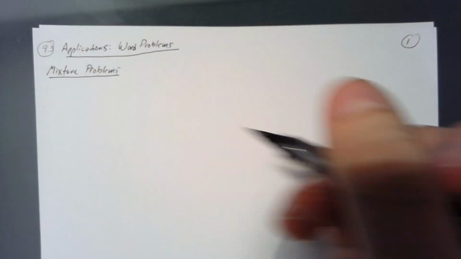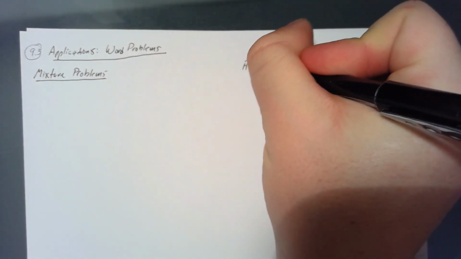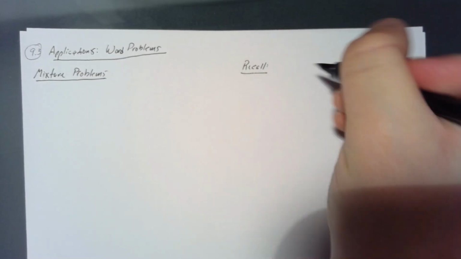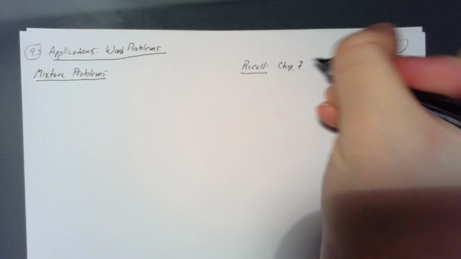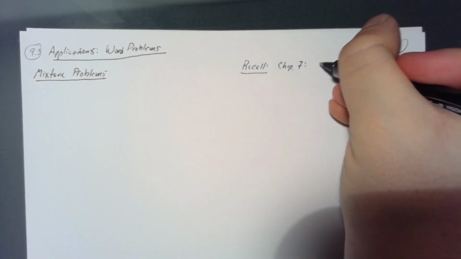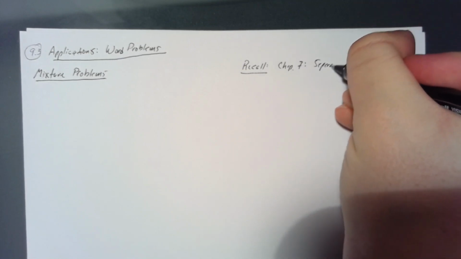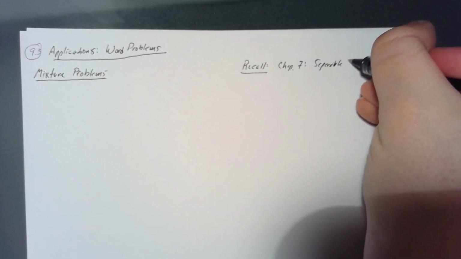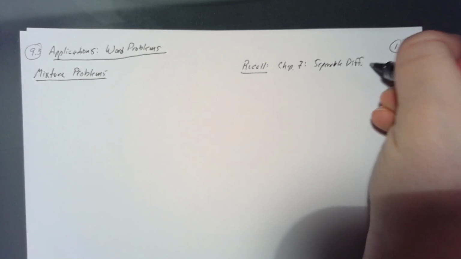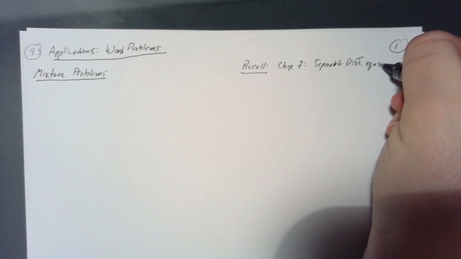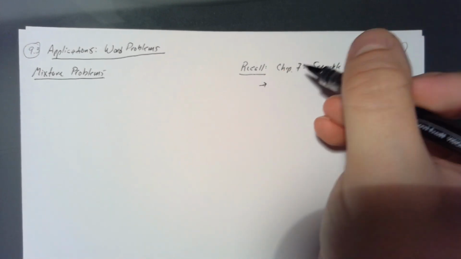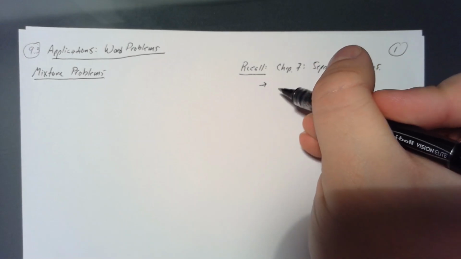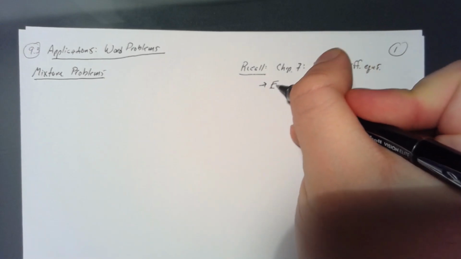If you recall from earlier in the class, like in chapter 7, I'll just jot these down here for your reference. We looked at separable. And some of those word problems that came from there were exponential growth and decay.